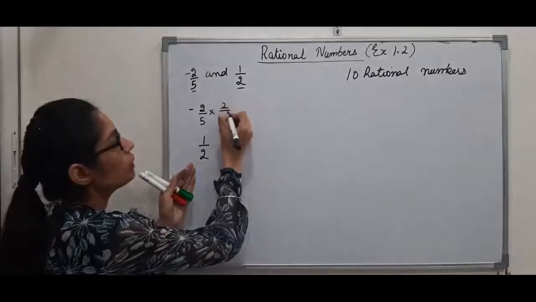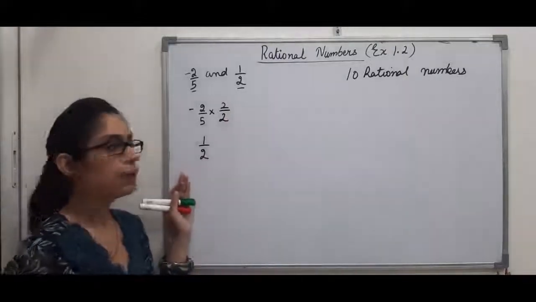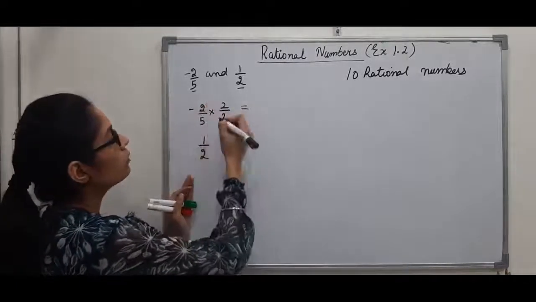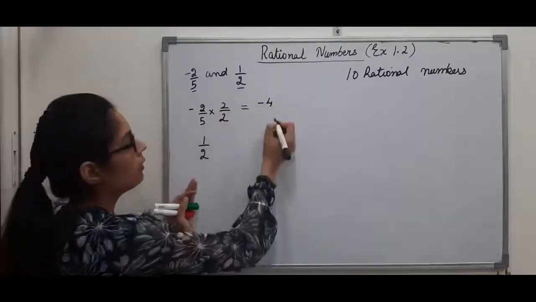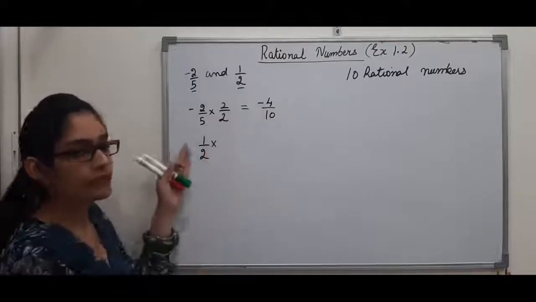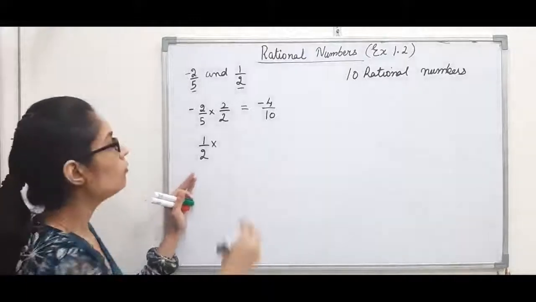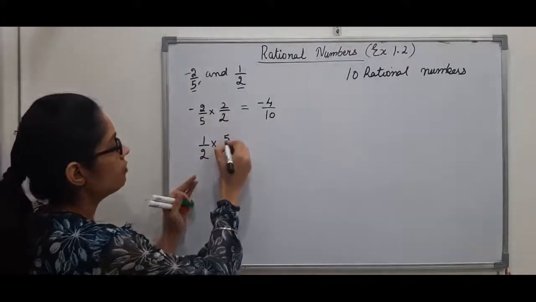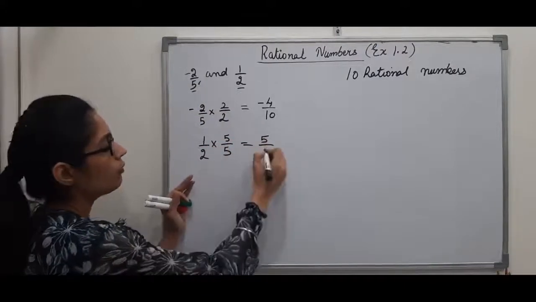So -2 into 2 will be -4, 5 into 2 will be 10. Now we do the same here. Second number we multiply and divide with the denominator of the first number, which is 5. 5 into 1 is 5, 2 into 5 is 10.